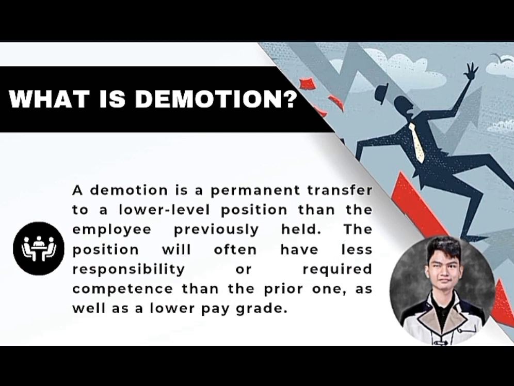However, the employee may not react well to the demotion, and if the demotion is the result of employee misconduct, it may send the message to other employees that the company is lax about disciplinary action. So that is the definition of demotions.